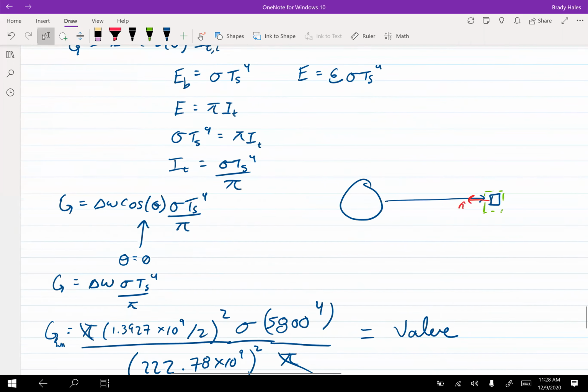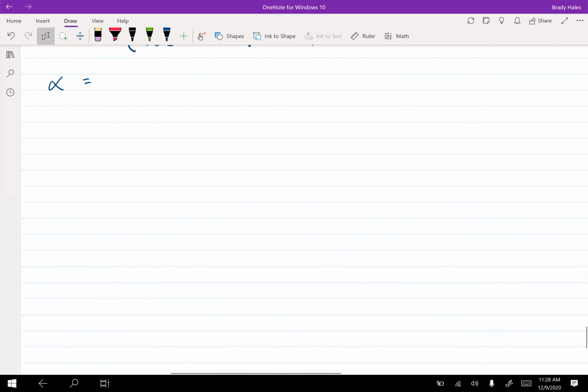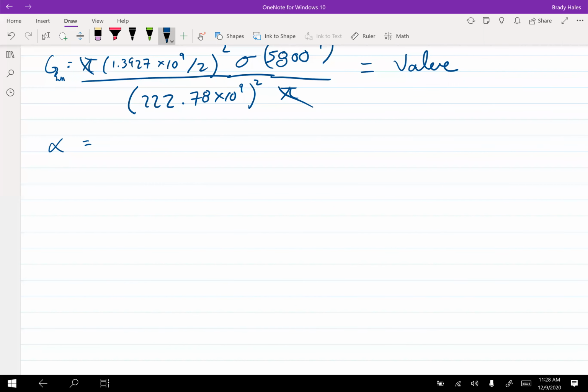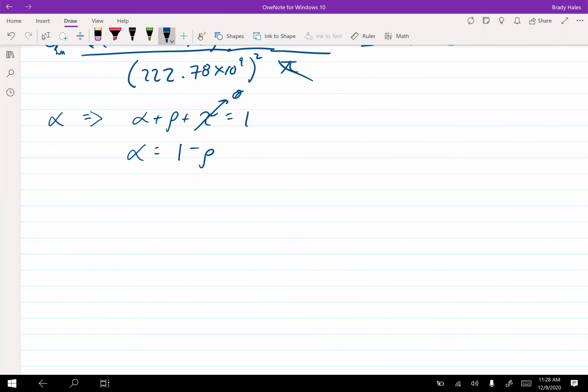So how can we find alpha using rho? Remember that alpha plus rho plus transmissivity is equal to 1. So if the rocket is opaque, transmissivity goes to 0, and alpha is equal to 1 minus rho, right?